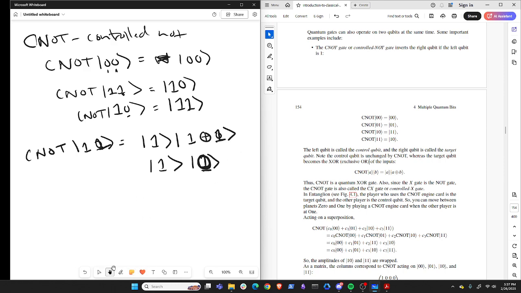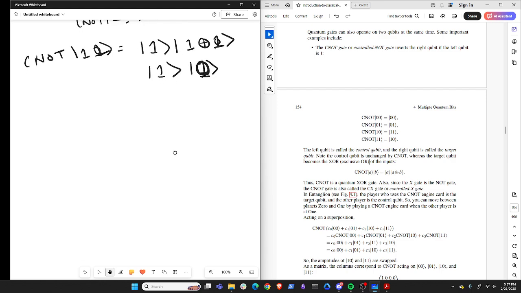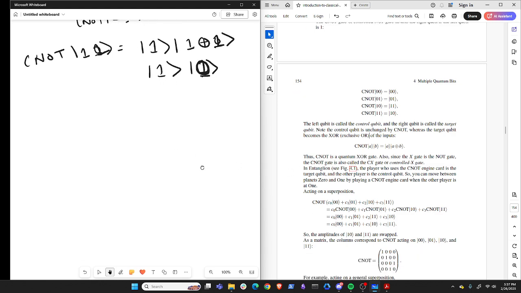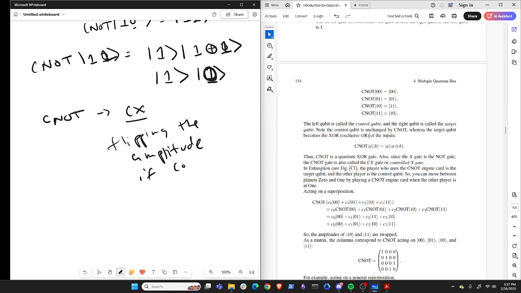So it's a quantum XOR gate, basically. Not basically, it is a quantum XOR gate. So another name for the C0 is the CX. That's what Qiskit calls it, the CX gate. So that's the controlled X gate, the controlled NOT gate. Basically flipping the amplitude if the control is 1.